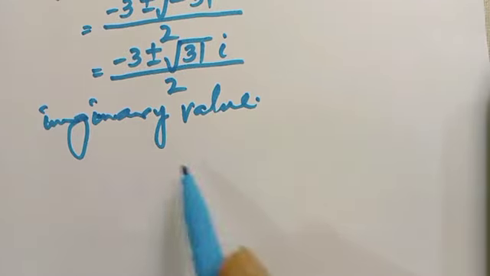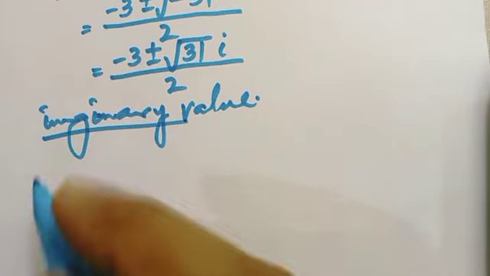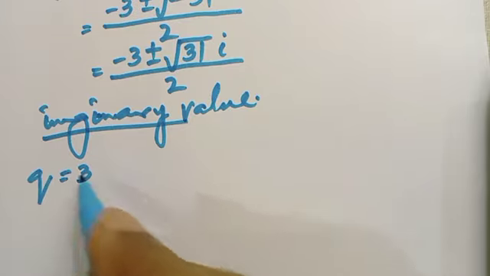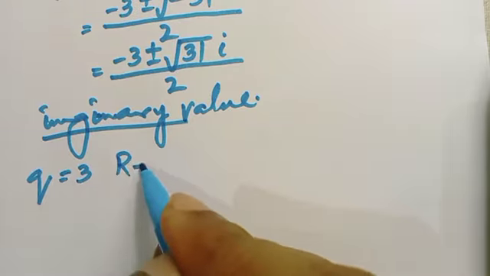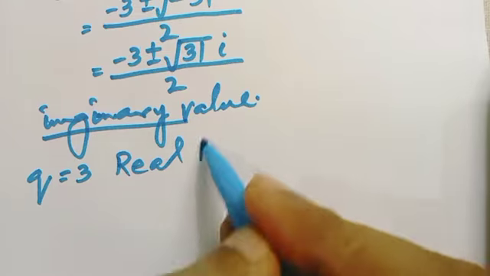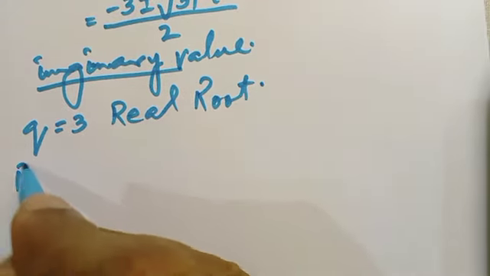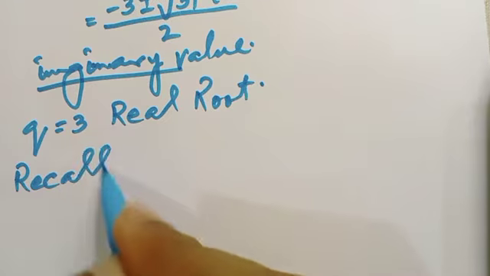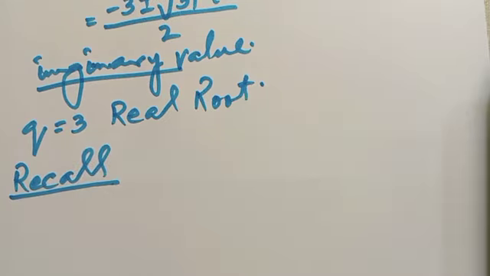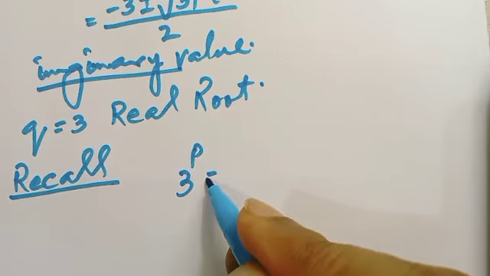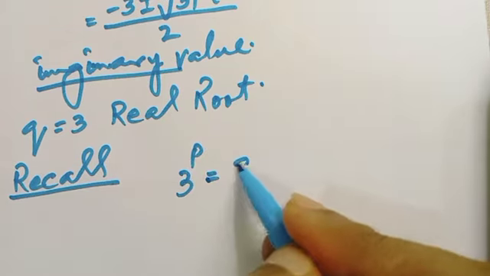We have calculated that q = 3 is the real root. So recall, we have taken 3^p = q.